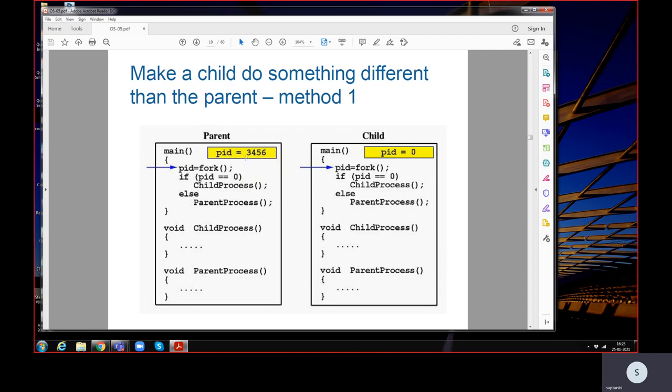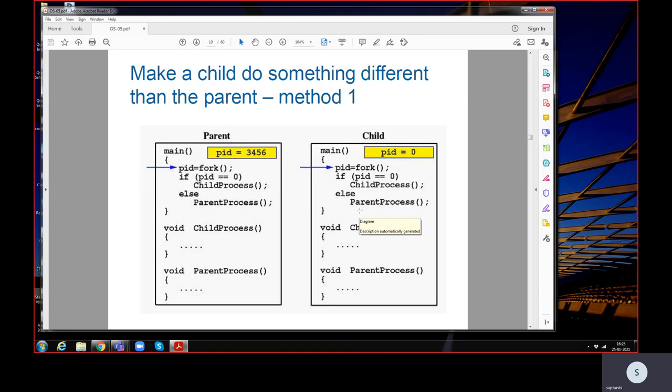So fork will return 3456 to the parent process, right? How will the parent execute after this fork call? It will come here and see if PID equal to 0. No, PID is not 0. PID is the return value of fork, which is 3456. Therefore, the parent will go to this else part and will execute parent process.